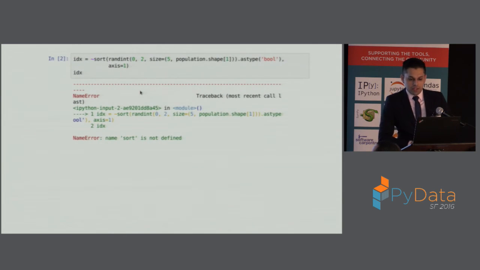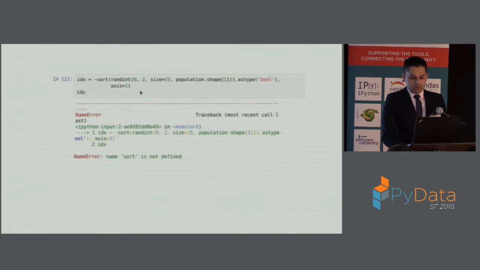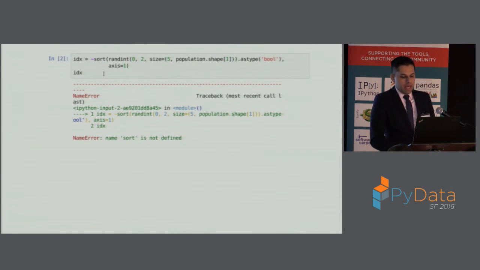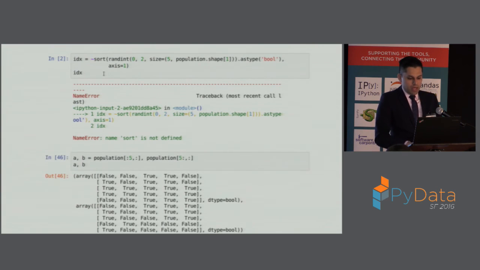So one thing that we can then do is we could think, well, we could maybe try to sort these chromosomes on a specific axis in order to determine what the indices are. What we want to do is we want to take these populations and we want to figure out what are the mothers and what are the fathers, what are the two sides of that mating.